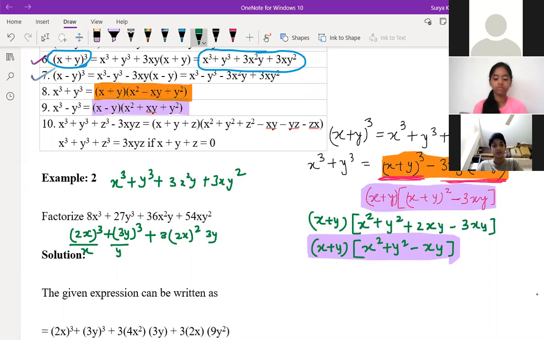Plus 3 into 2x into 3y whole square. It is clear or not? If you multiply this one, you will get the same value. Okay. Now it's clear, Sai Charan. Yes, sir.